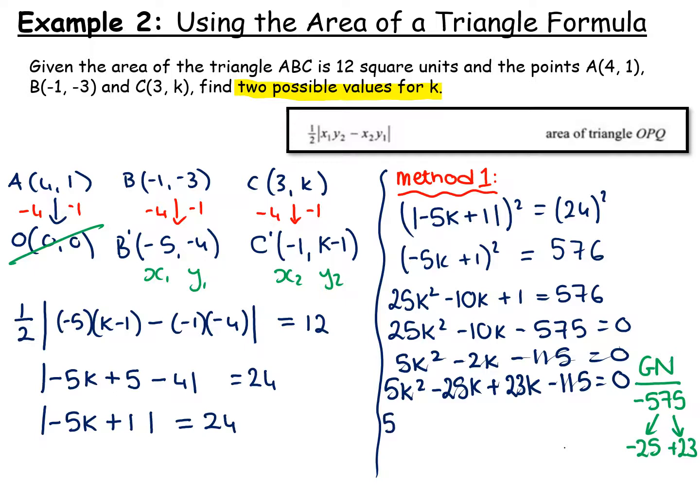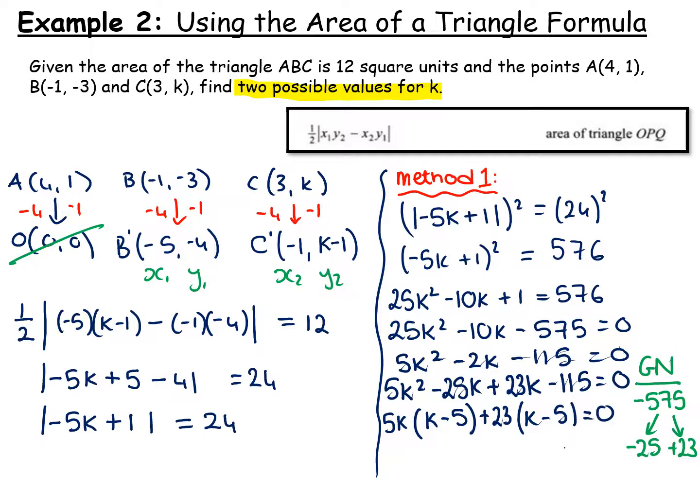So 5k, we get k minus 5, and 115 is divisible by 23, so plus 23, k minus 5.